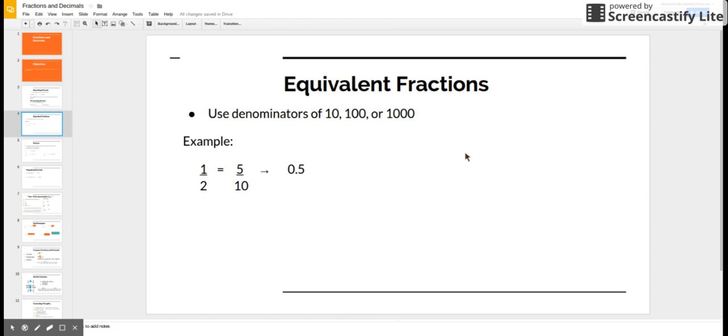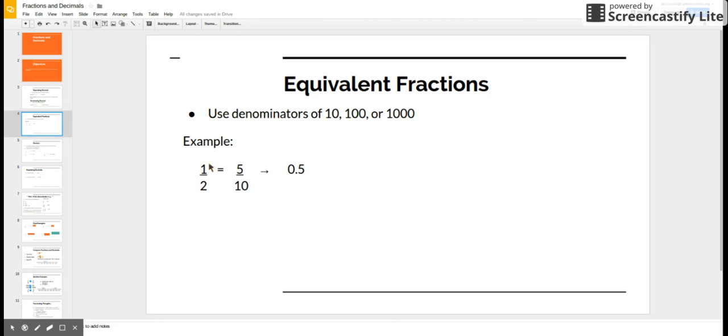Alright, equivalent fractions. Equivalent fractions use denominators of 10, 100, or 1000. When you use these denominators, it's easy to go right from the fraction to the decimal. In other words, if you have 1/2, you can see that that's equal to 5/10.